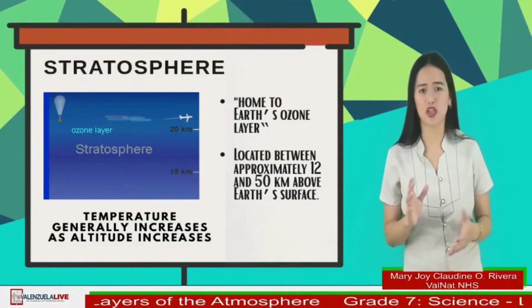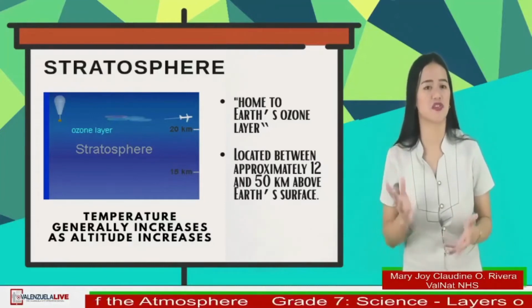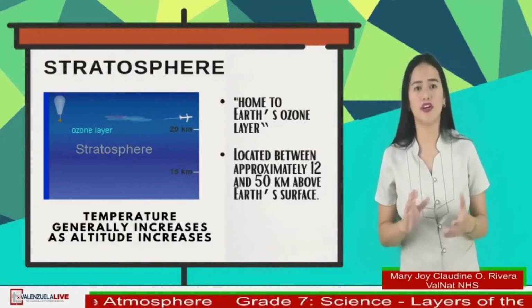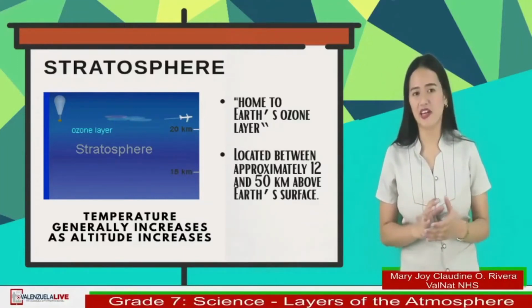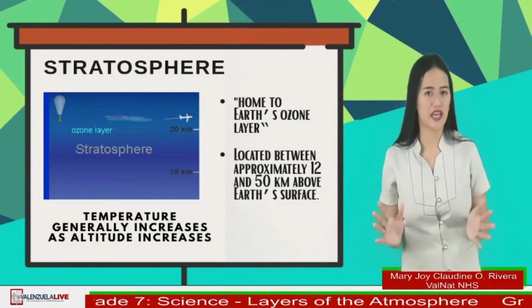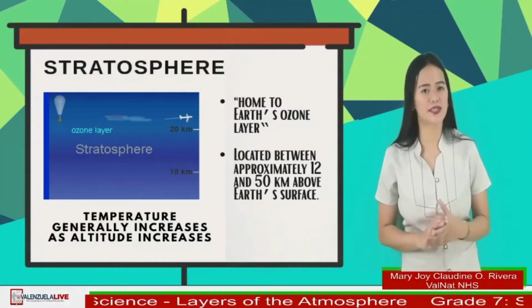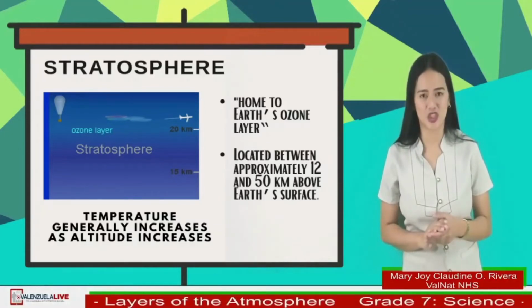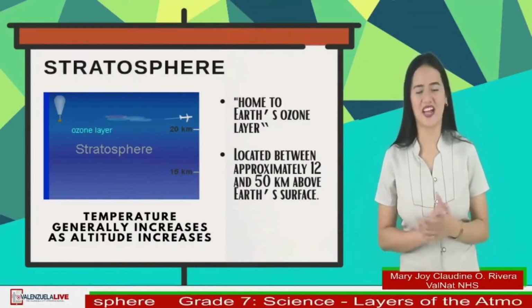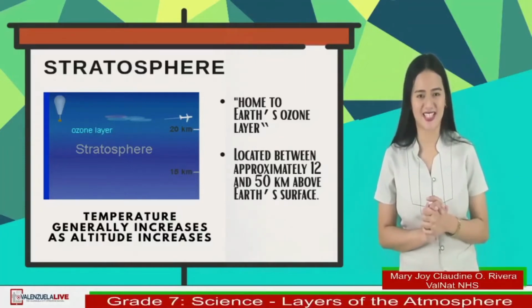Because of the UV radiation, the higher you go into the stratosphere, the warmer temperature becomes. The stratosphere is nearly cloud and weather-free, but polar stratospheric clouds are sometimes present in its lowest, coldest altitude. It's also the highest part of the atmosphere that jet planes can reach.